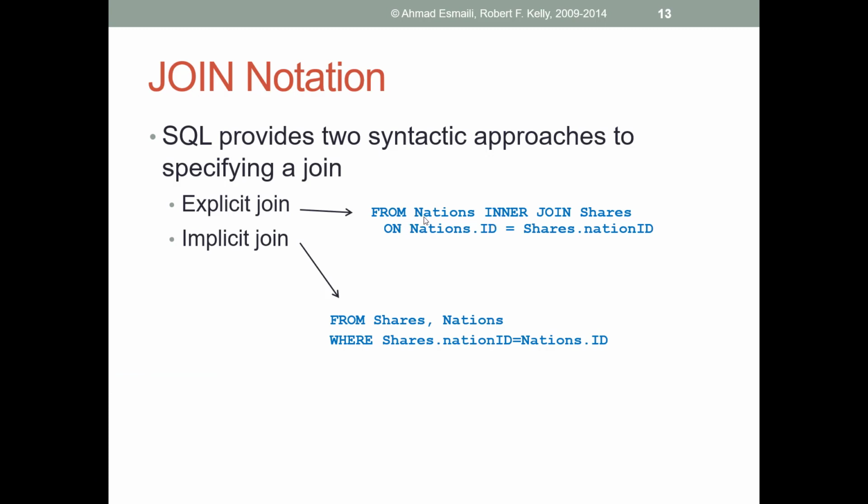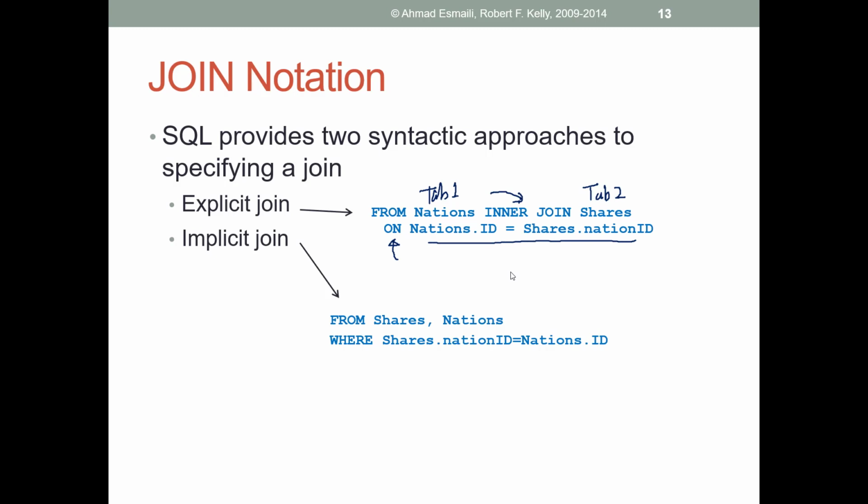Alright, so you will specify table 1, then you use the keyword join, right? Then you use table 2, and then you use the keyword ON, and then you have this condition, like what is the condition which you're using for joining the two tables.